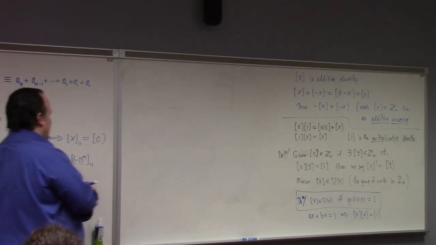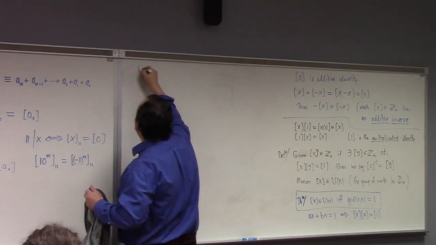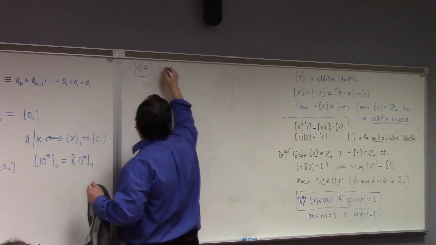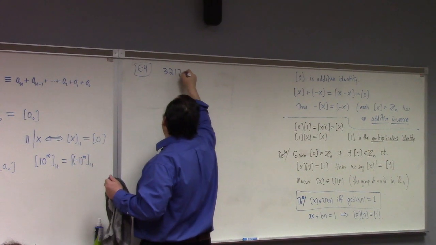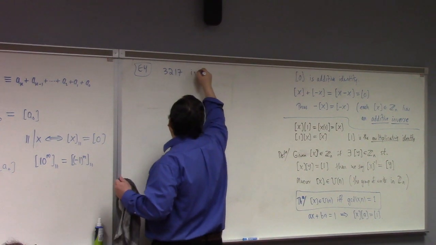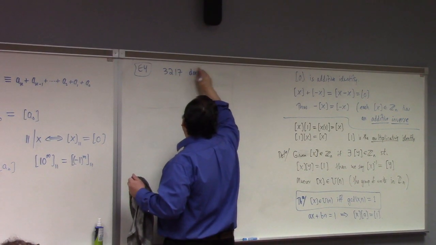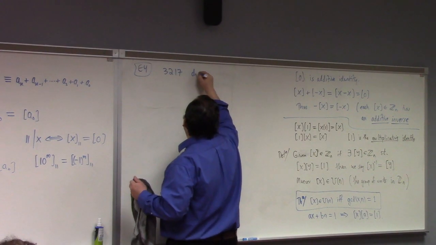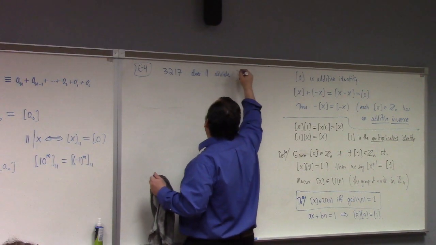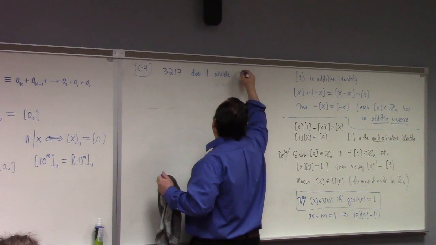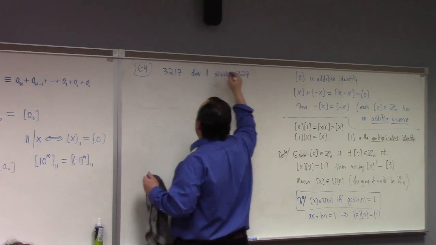Let me be specific here, like example 4. Let's look at 3,217. Does 11 divide 3,217? I mean, probably not.